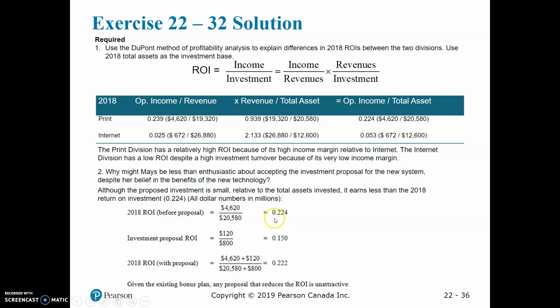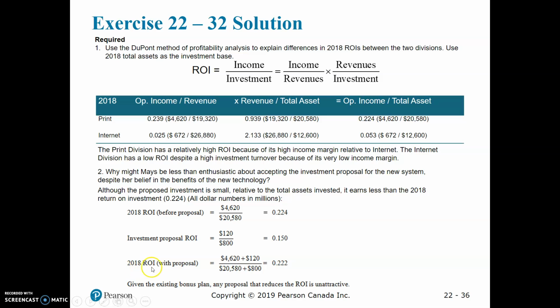Now let's look at the investment proposal ROI, which is an operating income of $120 divided by the investment of $800. That arrives at an ROI of only 0.15 or 15%, which is significantly less than the 2018 ROI for the print division.